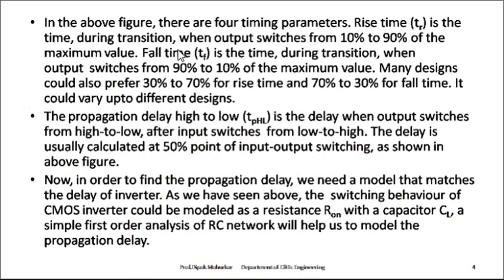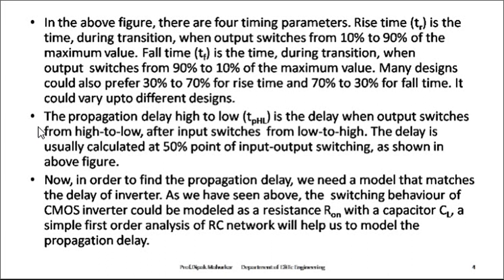Rise time is the time during transition when the output switches from 10% to 90% of the maximum value, and fall time is the time during transition when the output switches from 90% to 10% of the maximum value. Many designs could also prefer 30% to 70% for rise time and 70% to 30% for fall time. It could vary for different designs.